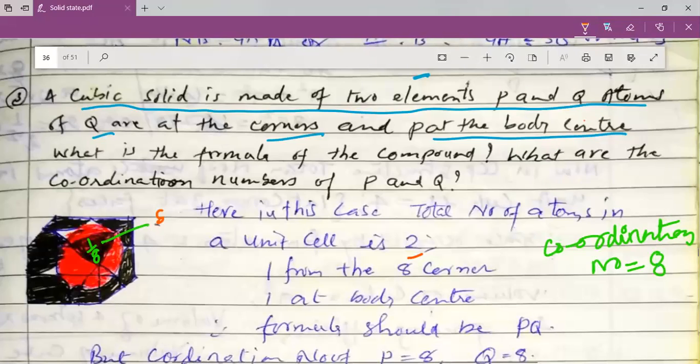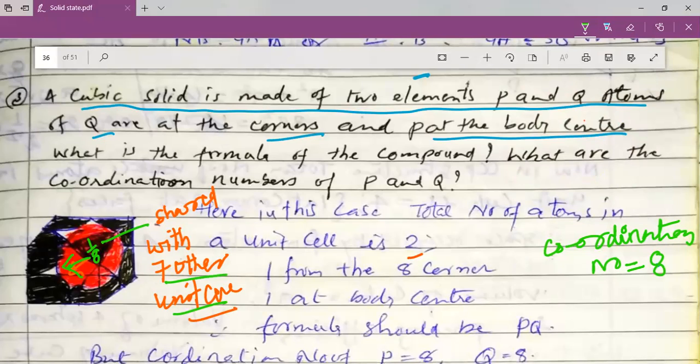This is shared with 7 other unit cells. So that means this 1/8 part which is in contact with this body centered particle, same way it is in contact with 7 other body centered particles also.